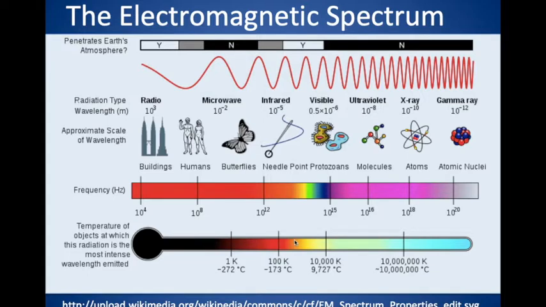And even just a warm body will glow in the infrared range. The sun is around 6,000 degrees Kelvin, and that glows. Green light is the peak. And of course, if something's white hot, it's even hotter than that. Okay, so white hot would be maybe over 10,000 degrees Kelvin.